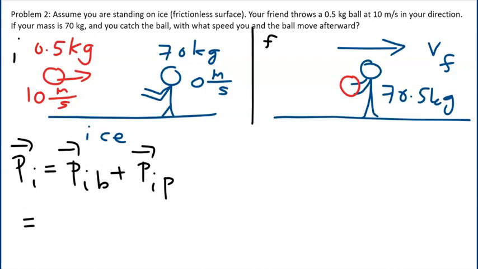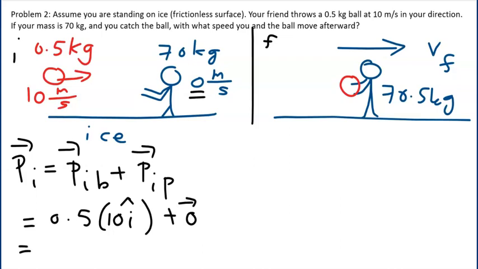So the ball is moving rightward. The mass is 0.5 kg, and the velocity is 10 i hat because it's moving to the right. You are stationary, you're not moving, so your momentum is 0. So that means the initial linear momentum of the system is 5 i hat. Of course, the unit is kg meter per second.